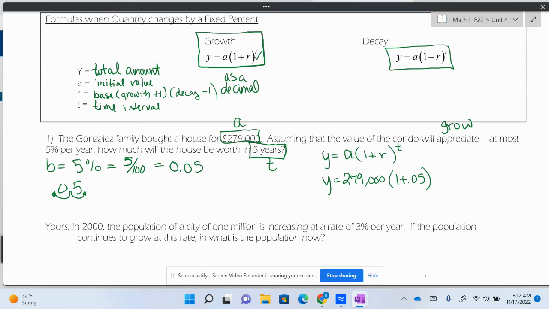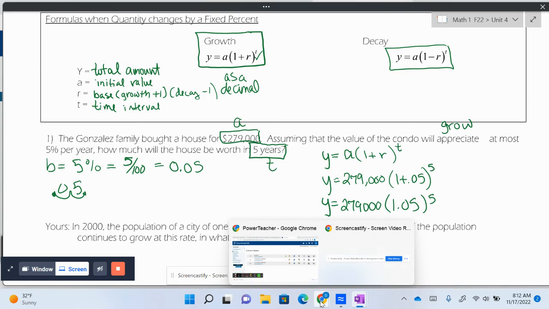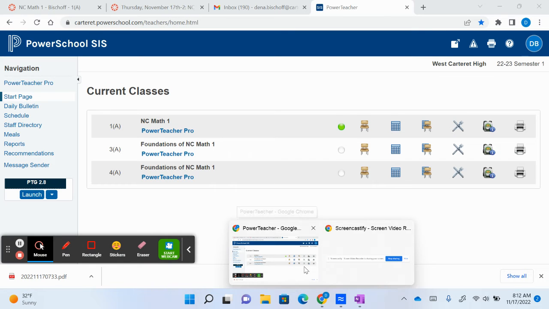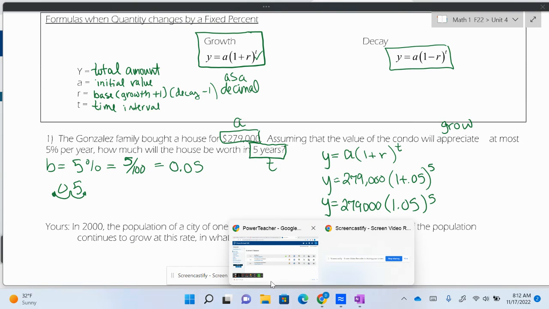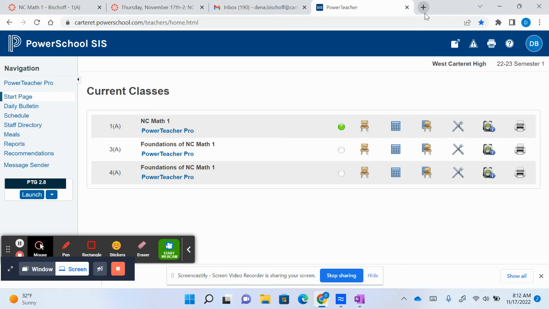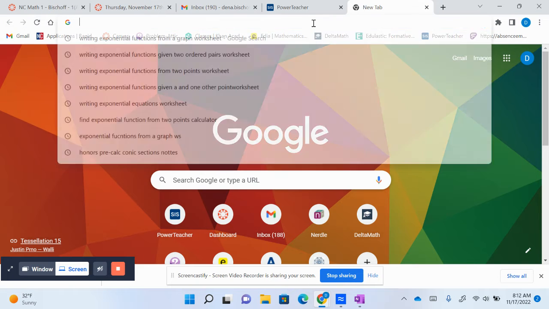And how long am I going to do this? For 5 years. So before we put this into our calculator, I'm going to simplify this a little bit. I'm going to write 279,000 times 1.05 to the power of 5. And I'm just going to put this into the Desmos calculator because I just want you guys to see how to do it.